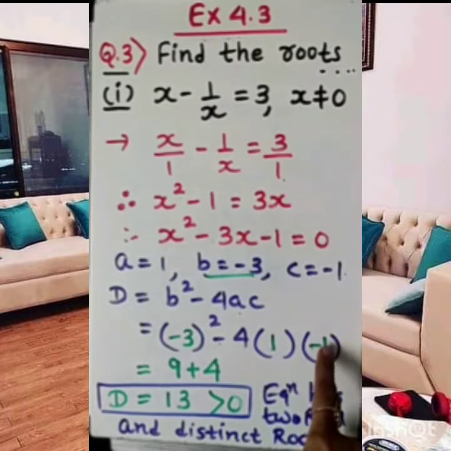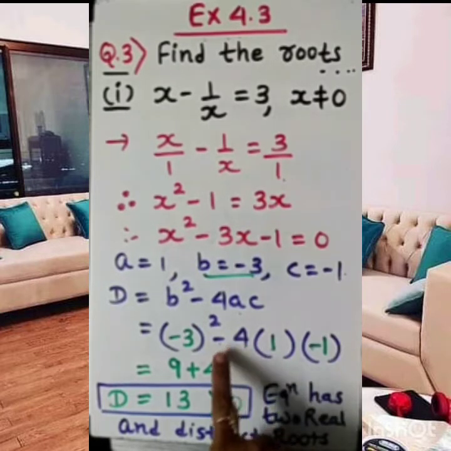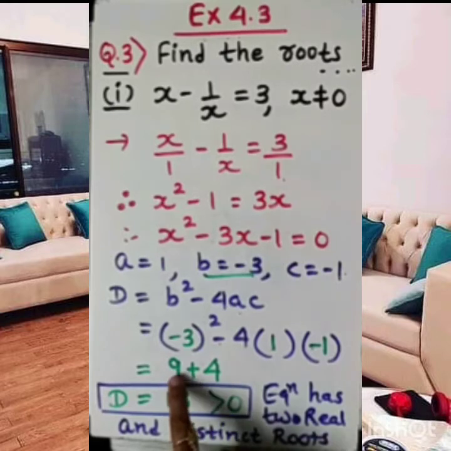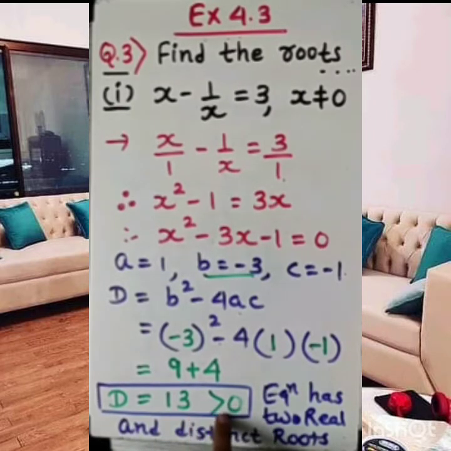So while multiplying 4 into 1, minus minus becomes plus. So 9 plus 4 is 13. Now you can see the discriminant is greater than 0, because 13 is greater than 0, then we can say that the equation has two real and distinct roots. Keep this in mind.